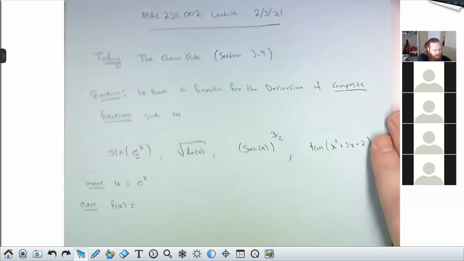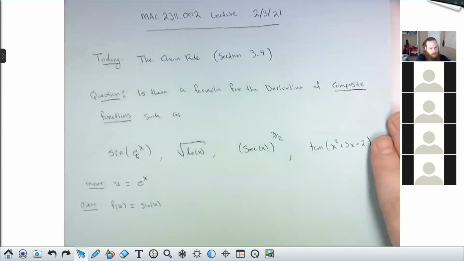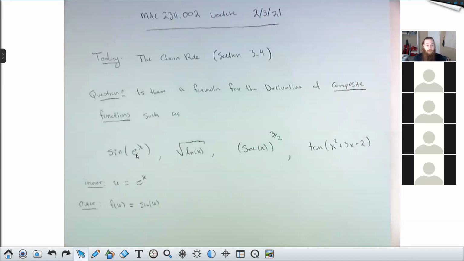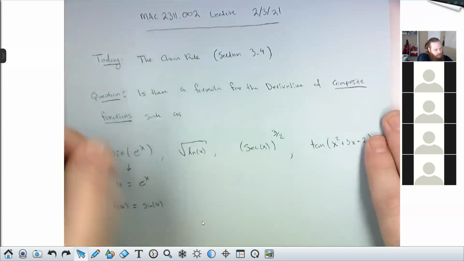Sine. Good, sine of u, we would say. Remember, a trig function doesn't have any meaning unless you give it an inside. And the idea here is that I want these two things when composed to form this thing. So sine of u, and u is e to the x. So this is really sine of e to the x. That's the vibe. So let's try these others.